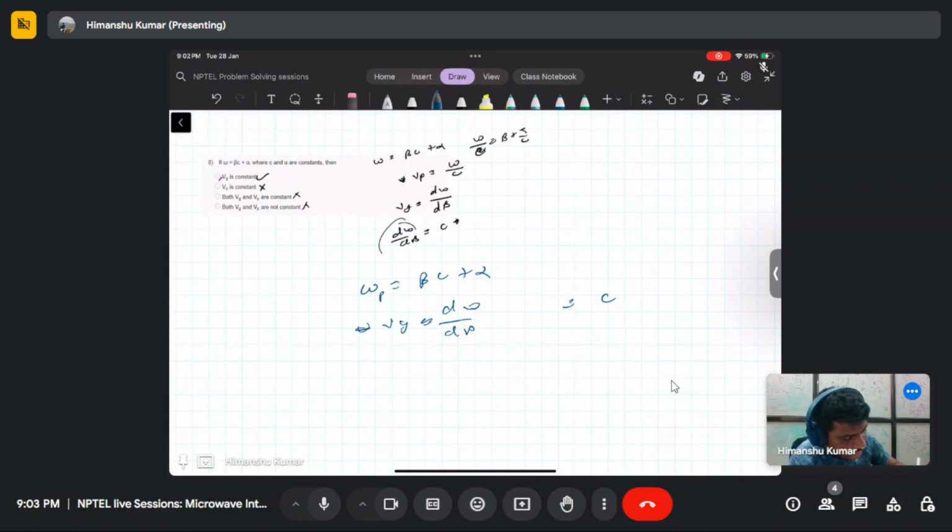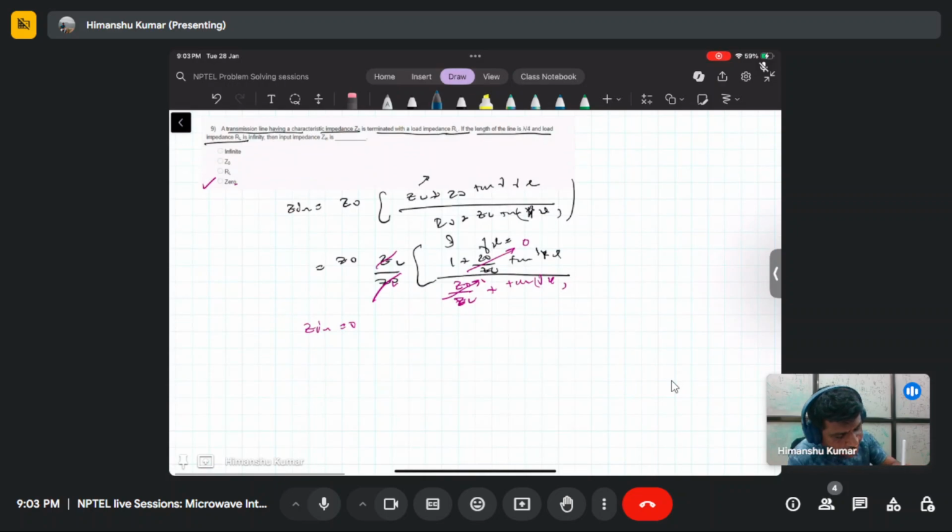The phase velocity Vp is equal to omega by beta, which is C plus alpha by beta, and which is not constant actually. So the correct answer is group velocity is constant and phase velocity is not constant. Other options are wrong.